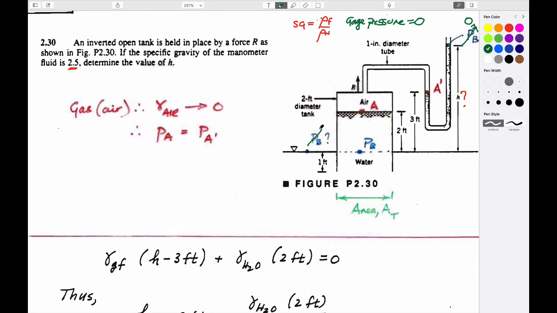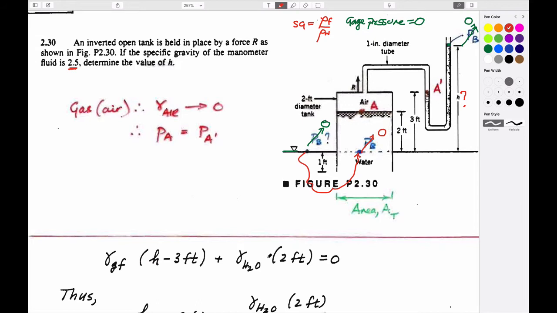This is atmospheric pressure as well. This is the top of the fluid. This is 0. We know that we can get from this point to this point in the same fluid, and so this is also 0. Those are our boundary conditions that we know.